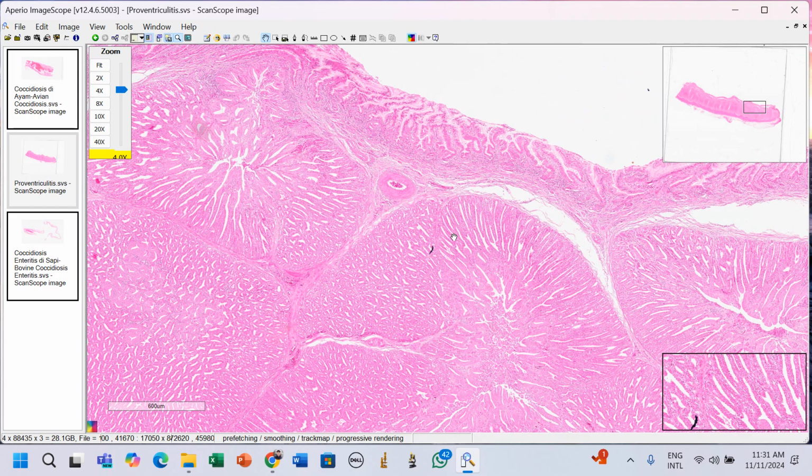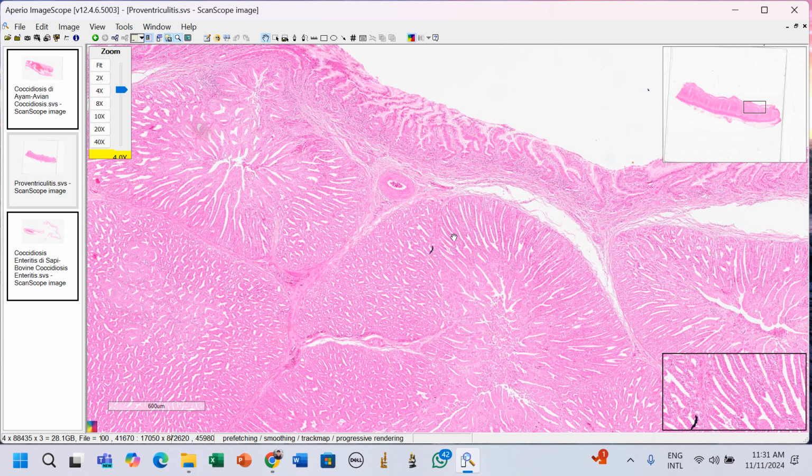Oh, by the way, we obtained these cases from broiler chicken, broiler chicken which had what we call runting stunting syndrome. The broiler chicken is really small, and as you know, the proventriculus part of the stomach produces the enzyme pepsin and also hydrochloric acid, which are useful for digestion of proteins.